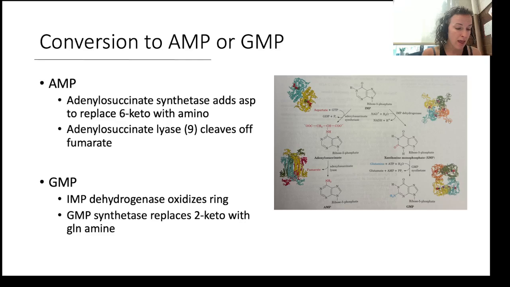So AMP, let's start here, its branch point synthesis step actually requires GTP. And the opposite is true. GMP in its branch point synthetic pathway requires, where are you? Here we are, ATP.